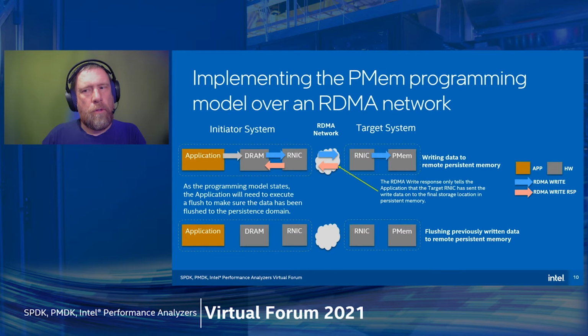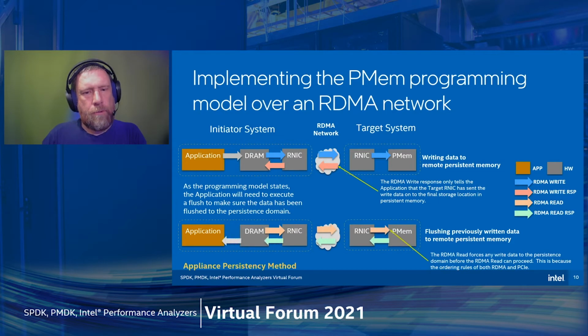So, how do you issue a flush across the network? With the existing RDMA protocol, the RDMA read is used for that purpose. The RDMA read forces any write data operation to be finished before the RDMA read can proceed.